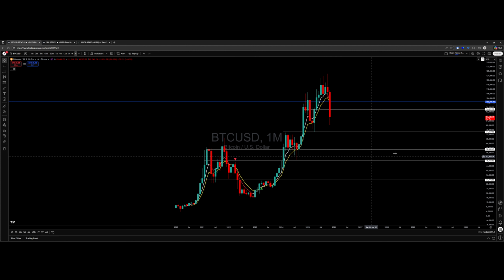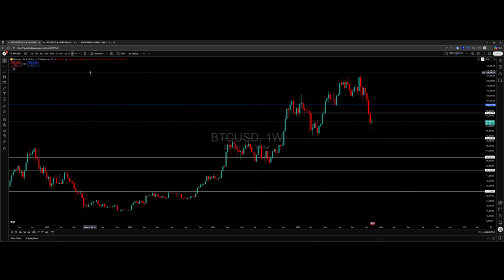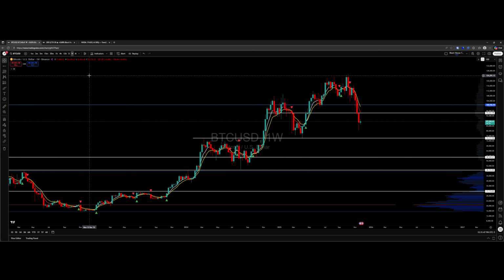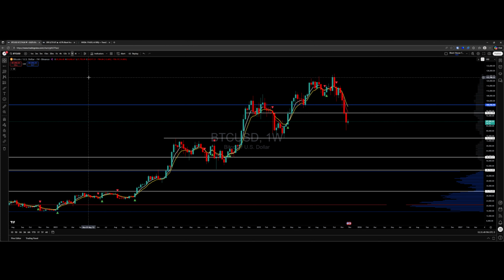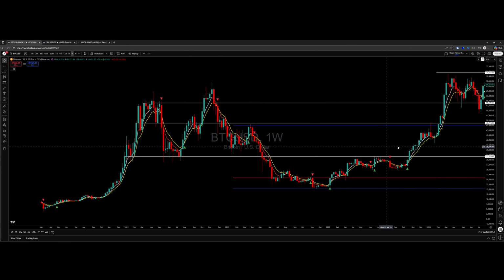And of course we know that our 50 MA is somewhere in here. So if you're going to use technicals, use technicals both when the market's bullish and when it's bearish. Because the charts, was this bullish? Yes. Super bullish.